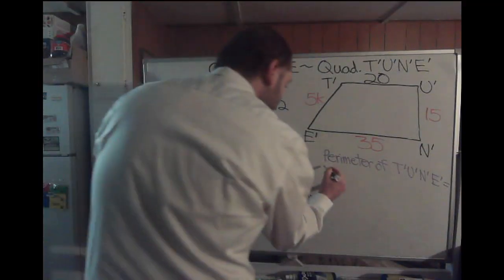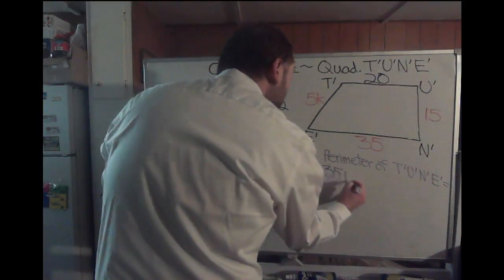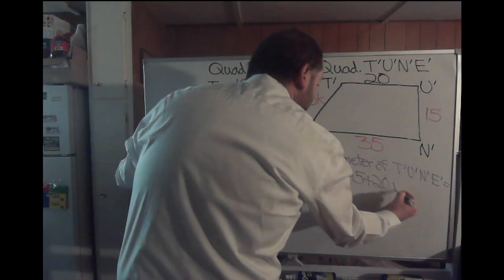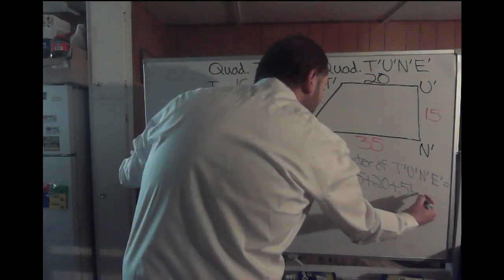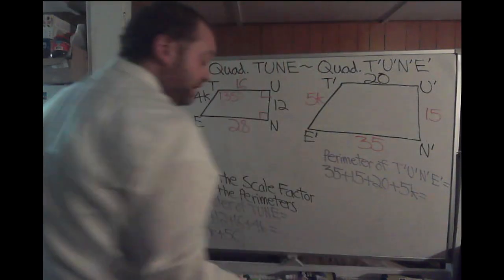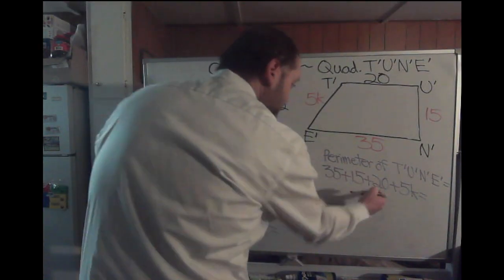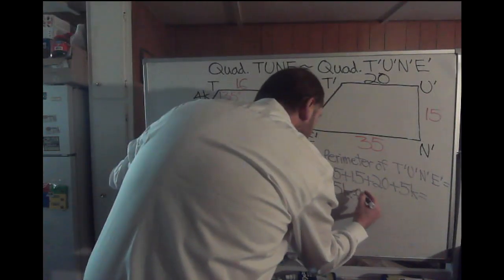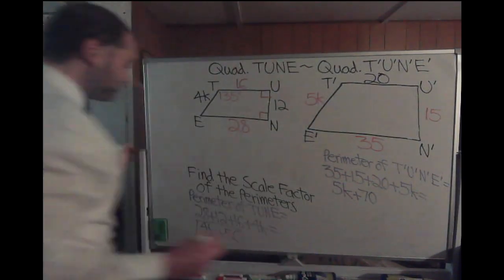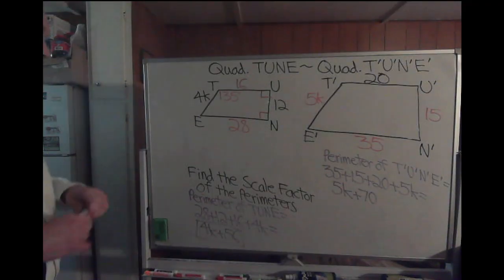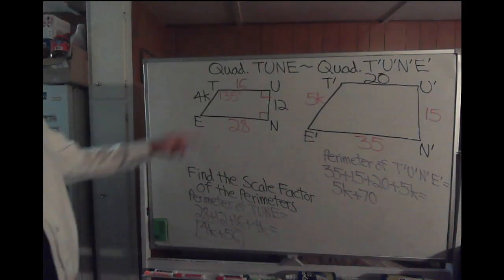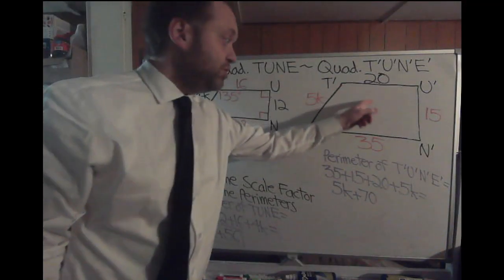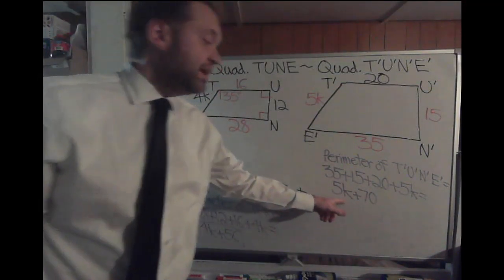Again, add up the sides together. So you'll get 35 plus 15 plus 20 plus 5K, which is going to be equal to, that'd be 50, 70, so 5K plus 70. So now we have the perimeter of TUNE is 4K plus 56. The perimeter of T prime, U prime, N prime, E prime is 5K plus 70.